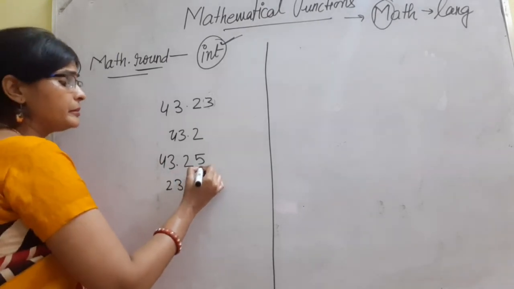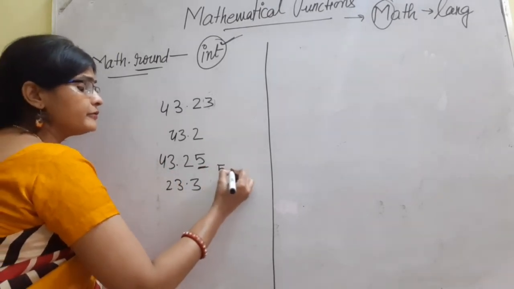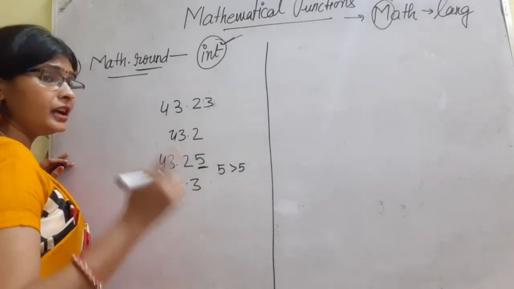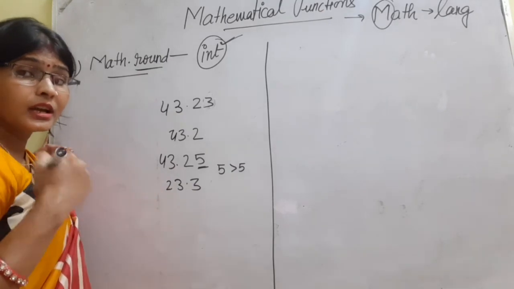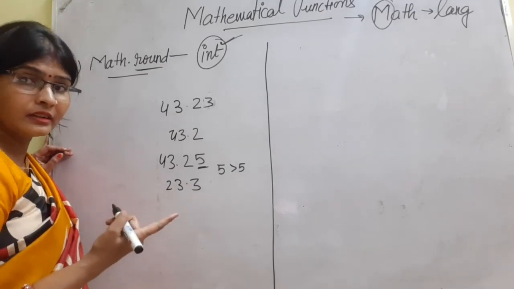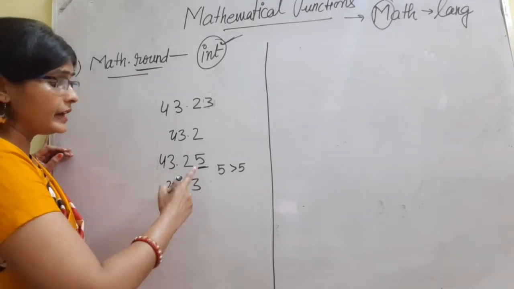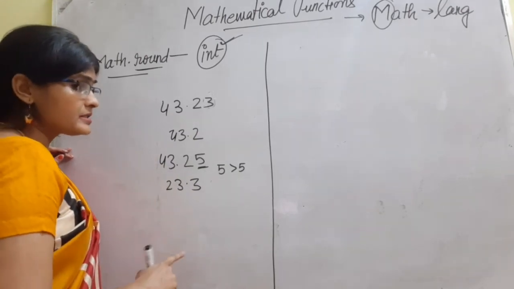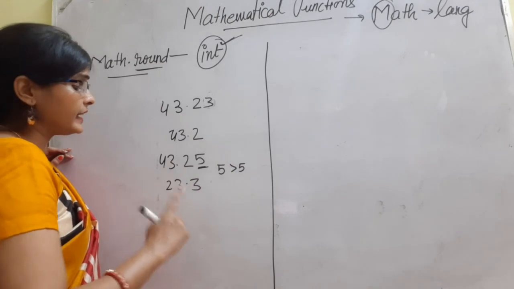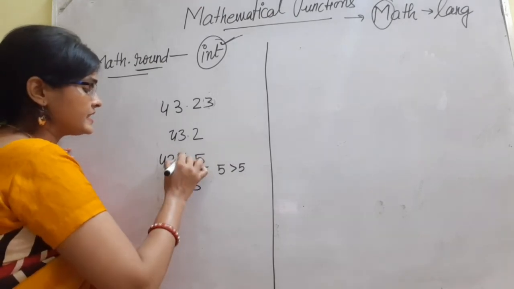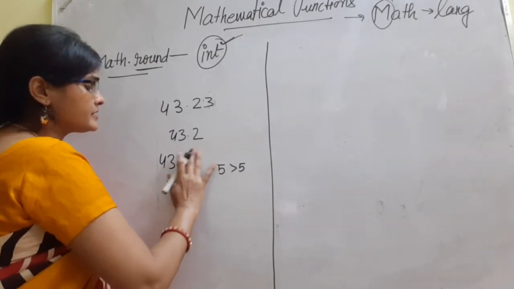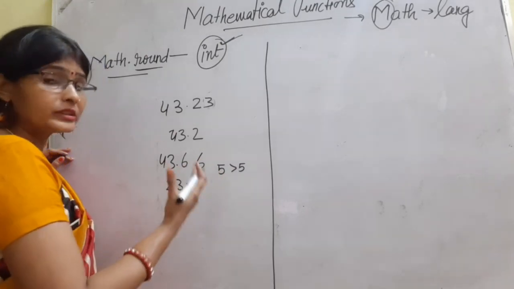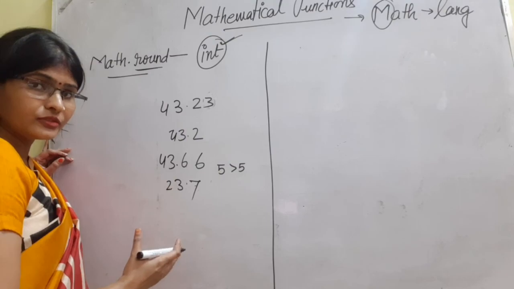So if the digit is 5 or greater than 5, then we add 1 to make it a round figure. If the digit is 5 or more than 5, then to give us a rounded figure, we just add one. If 6 is here, we write 7 because it is more than 5. So this is the concept.